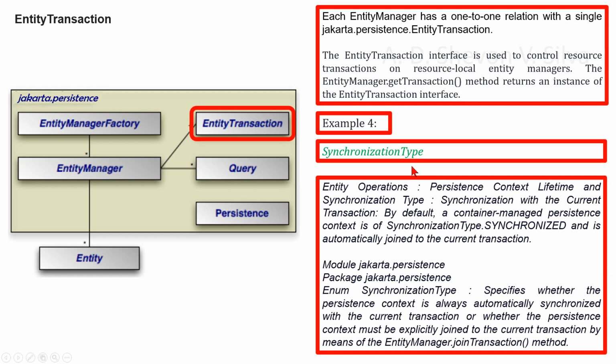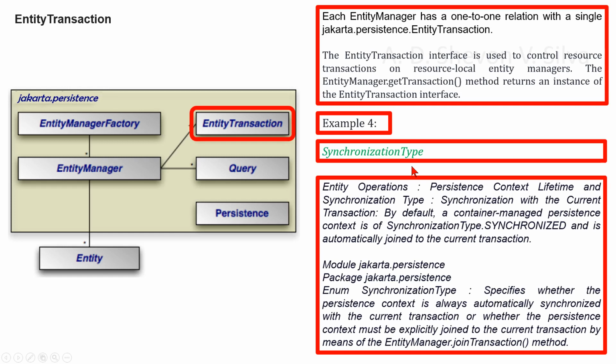SynchronizationType in package Jakarta.persistence in module Jakarta.persistence specifies whether the persistence context is always automatically synchronized with the current transaction or whether the persistence context must be explicitly joined to the current transaction by means of the EntityManager.joinTransaction method.